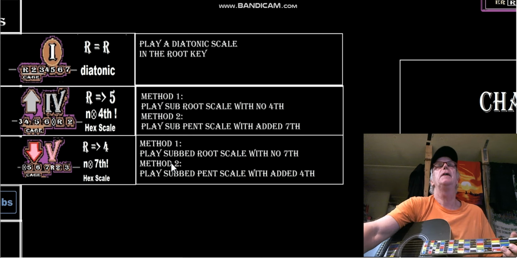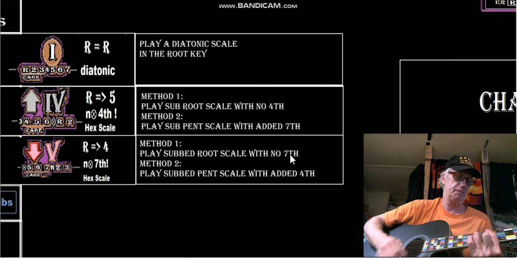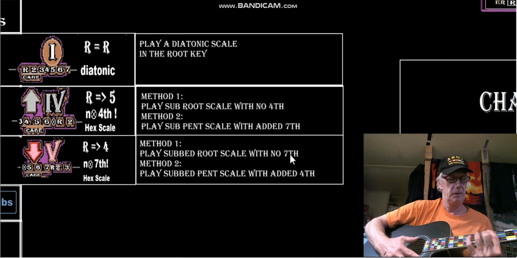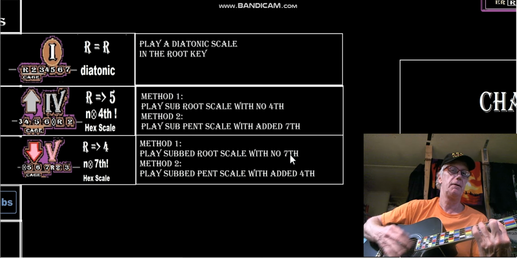Now, why did that play the root scale with no 7th? Okay, let's try that again. We're not going to be playing this note. See, we did that with the 4th.